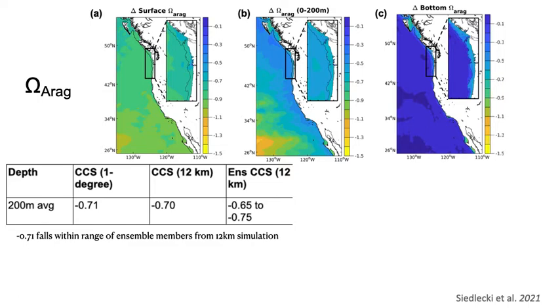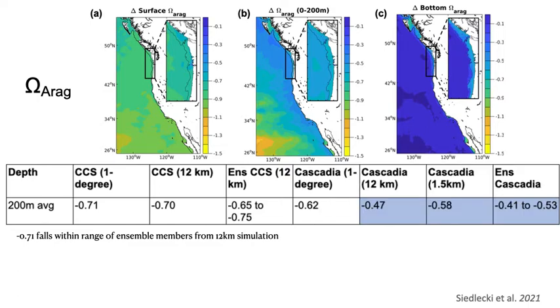The California Current-wide 1 degree simulation, or that CMIP5 simulation, would project a decline of 0.71 by 2100 under RCP 8.5, which falls within the ensemble range of the downscaled simulations. When we compare those two, you don't see any modification.